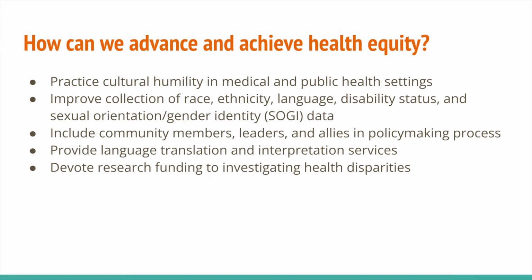Improving collection of data on race, ethnicity, language, disability status, and sexual orientation and gender identity is another key step in advancing and achieving health equity. Tracking this kind of information can help identify where gaps in health outcomes exist between different population groups.